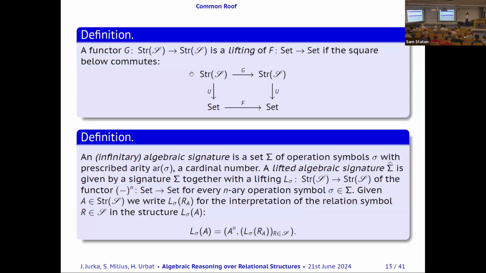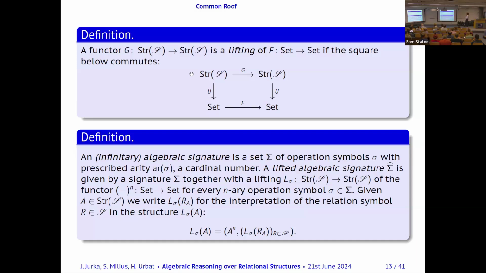And perhaps to clarify a few things, we will be considering arbitrary arities, so arbitrary cardinal numbers, and also some notation. So the lifting takes some A, and it returns some relational structure. So it must be on A^n, since it is a lifting of this functor.